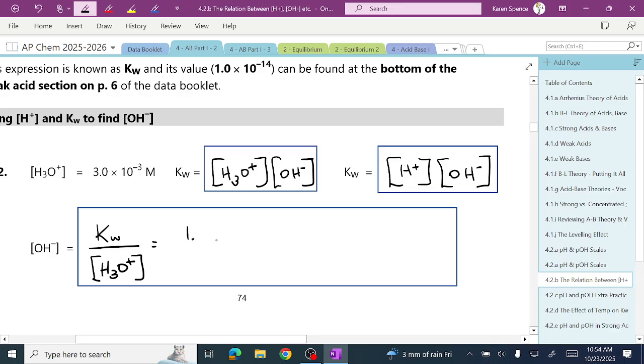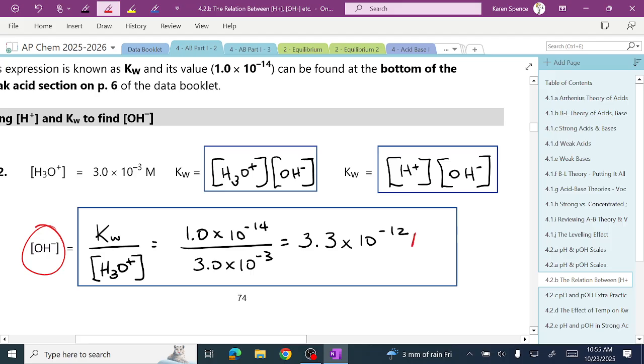So you would have 1.0 times 10 to the negative 14 over 3.0 times 10 to the negative 3. Again, because it's a K calculation, you don't need units. And we get 3.3 times 10 to the minus 12. Because it is hydroxide concentration, we need to say molar. Is that good? Okay.